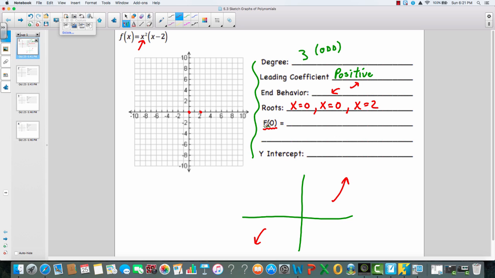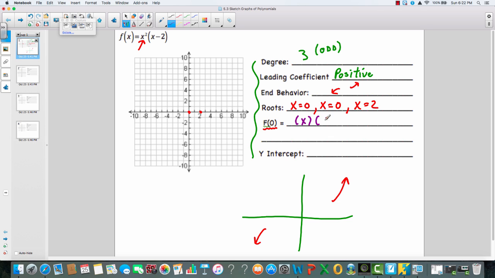If we plug in 0 for x, we'll figure out where our graph should cross this y-axis. So let's figure that out. Okay. Factored form would look like this.